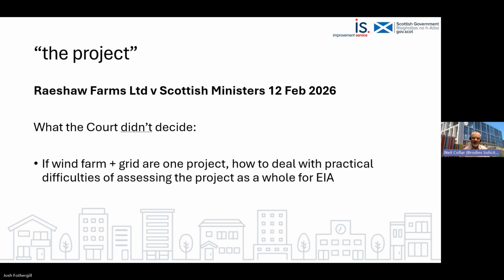So there wasn't an avoidance, as it were. But that's where the court was saying, well, that's not the right question. The right question is, are they one project? Not if there was a degree of avoidance, or not if the grid was going to go through separate consenting, so its effects would be taken into account and assessed anyway.